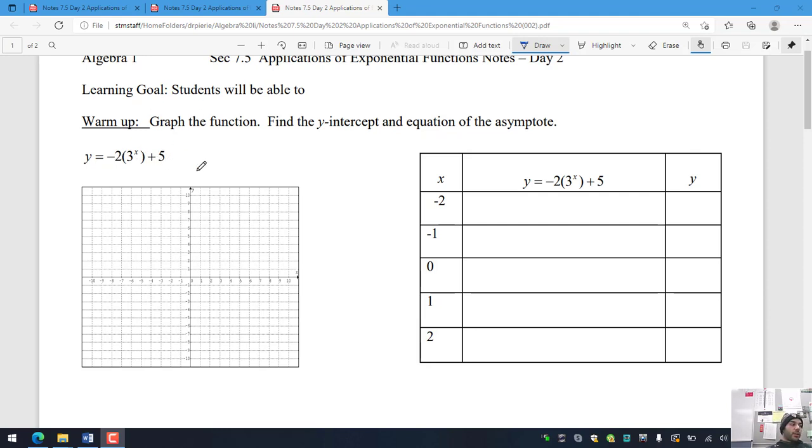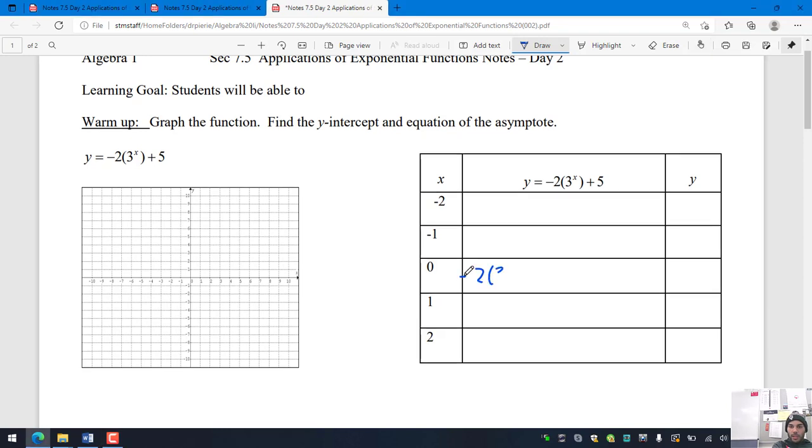Okay, so we can definitely use our graphing calculator here, and if you type this equation into the y equals menu, it should work out pretty well. But just so we're on the same page, we're plugging in these x values into this equation and then plotting these points. So you would plug in 0, which is negative 2 times 3 to the 0 power plus 5.